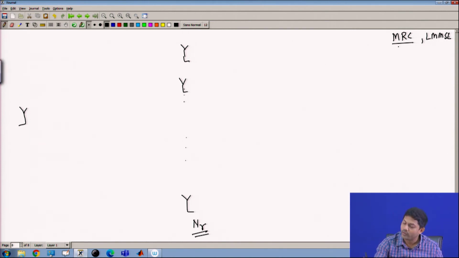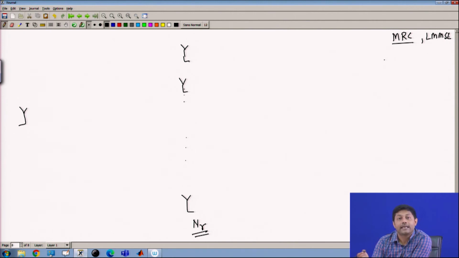I do not want to bring up these terms at all. You can find lots of papers and materials where people use the terms MRC or LMMSE, but to me it is nothing but some complex number. At the end of the day, I have to multiply the data stream with a complex number.